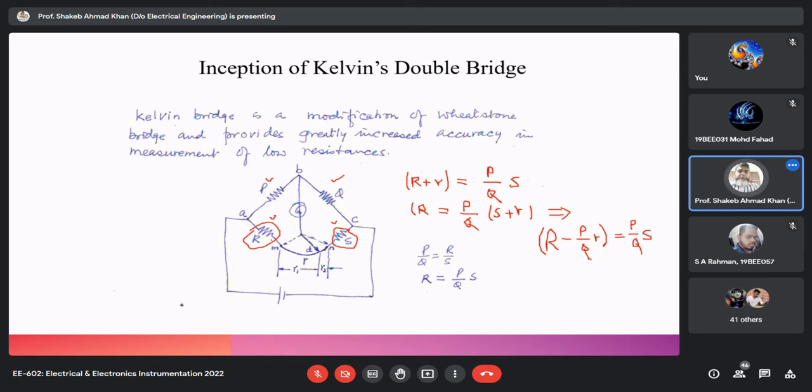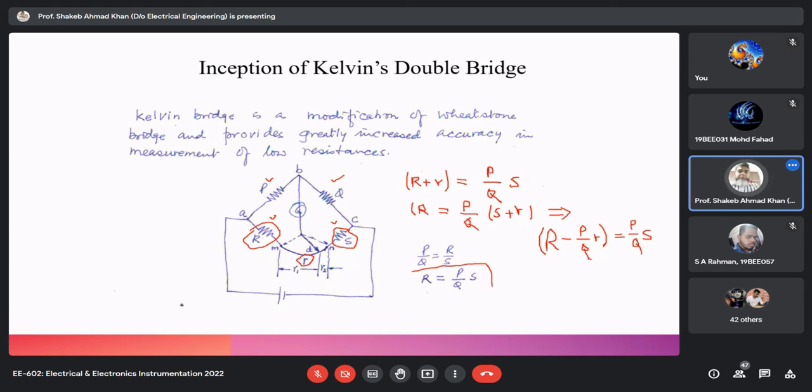Now the source of error is the lead in arm R and in arm S, and the contacts of these leads. You understand what I'm saying? Now, this R is the lead and contact resistance that is causing the problem. So obviously we want our final result to be free from contact resistance.